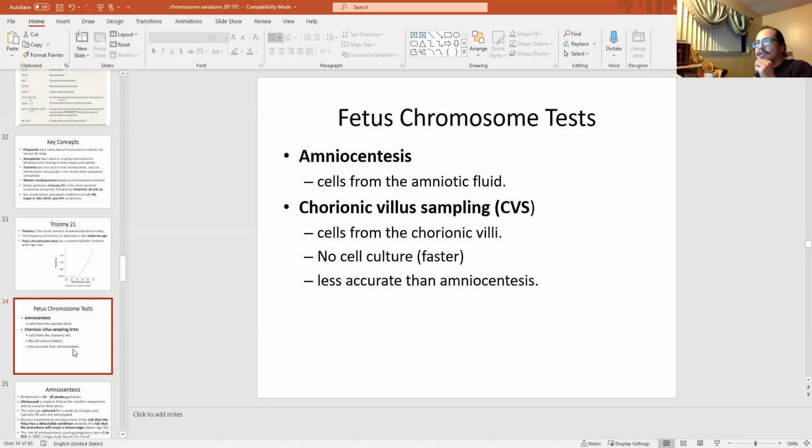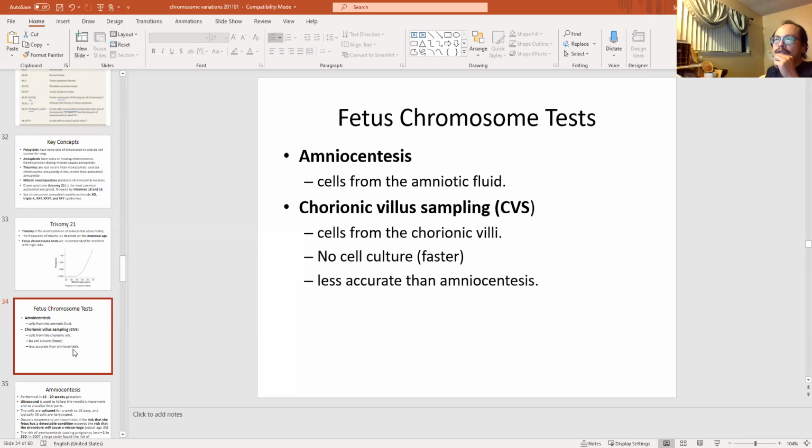So the first one is the amniocentesis. This amniocentesis basically uses a needle to get the amniotic fluid.